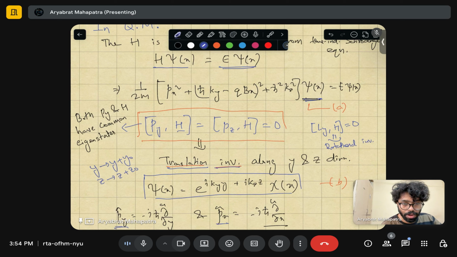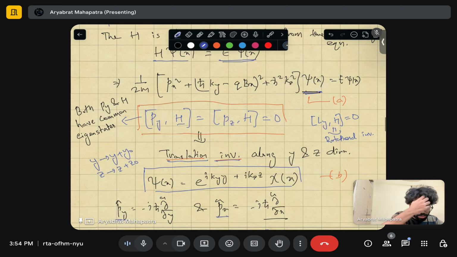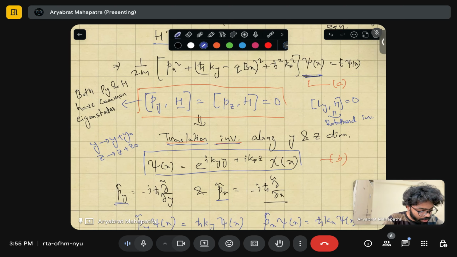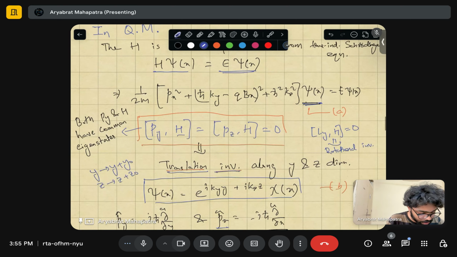So you have rotation symmetry in your system. That is what translation invariance and rotation invariance mean.